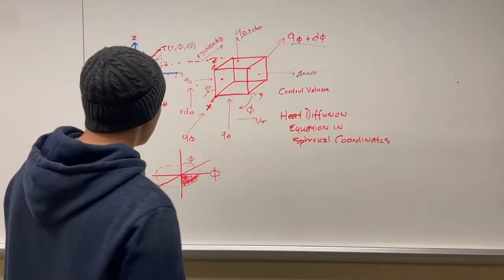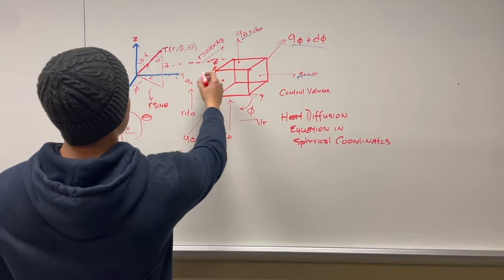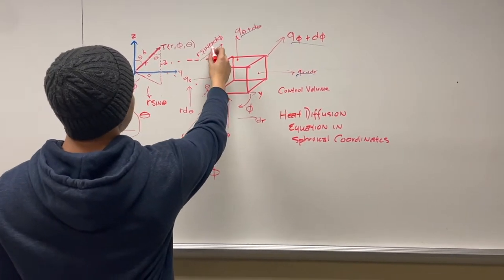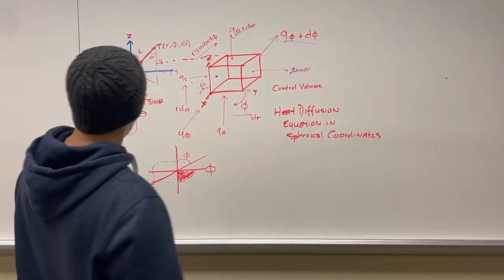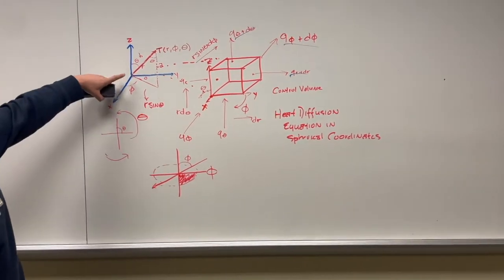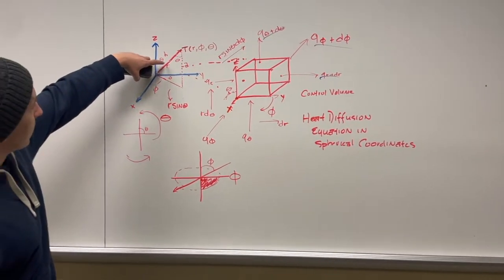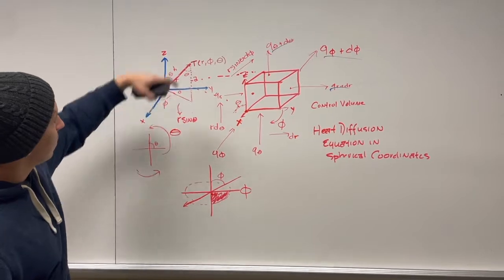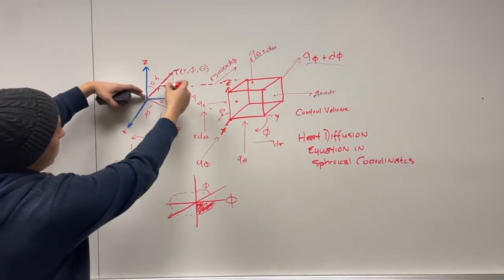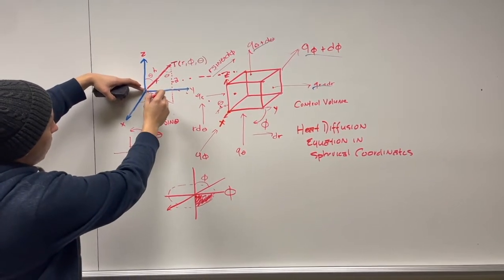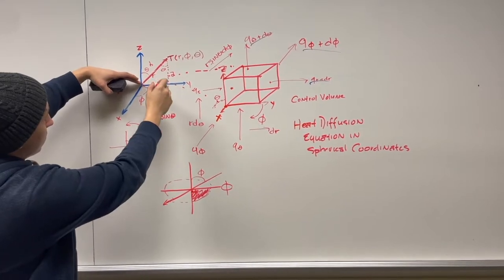So what you're going to notice is I have this defined as r sine theta d phi. Well, why is that? If we draw out this radial direction to some arbitrary length, you're going to realize that there's another angle right here in the azimuthal direction.